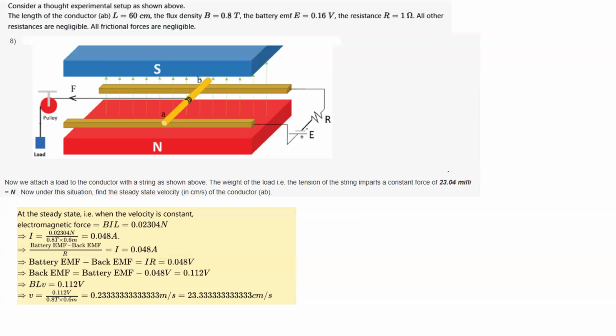Because of this weight, the force applied is 23.04 millinewton. This is the external force. Now, under the steady state, find the steady state velocity of the conductor.